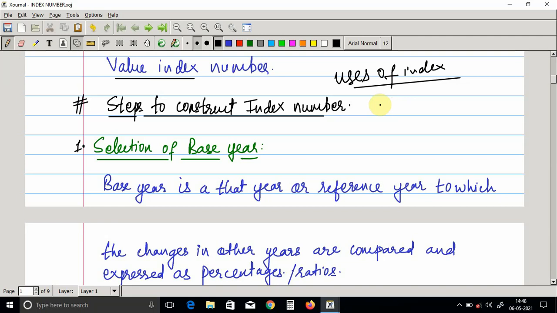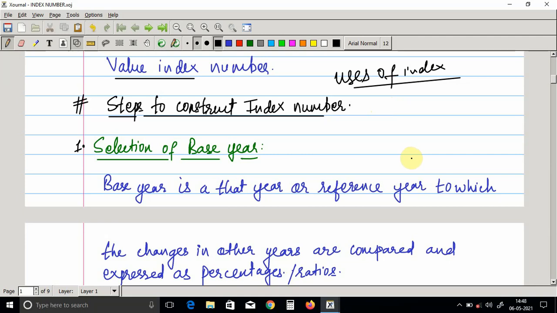We can measure the relative change in the current year as compared to the previous year. Also, we can use index numbers for economic magnitudes or parameters such as income, employment, export, import, and price.